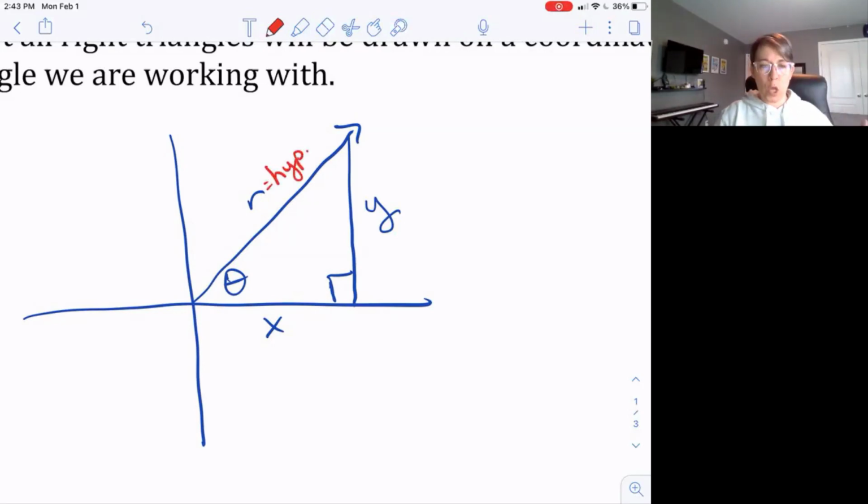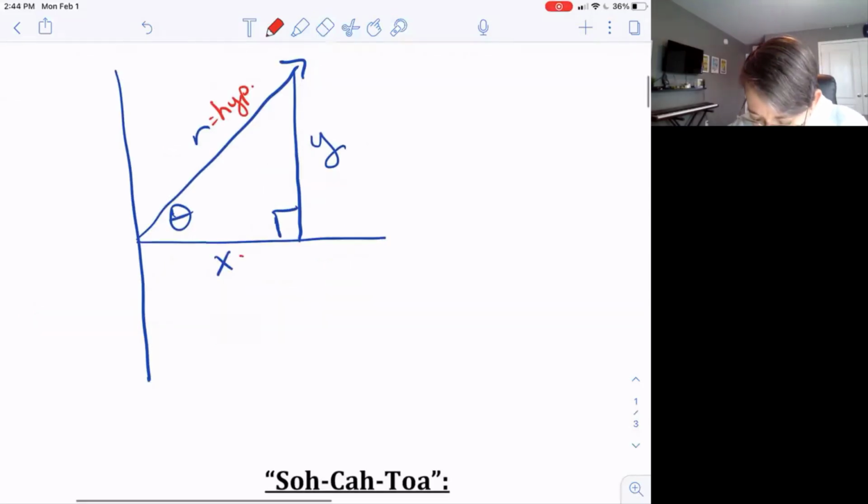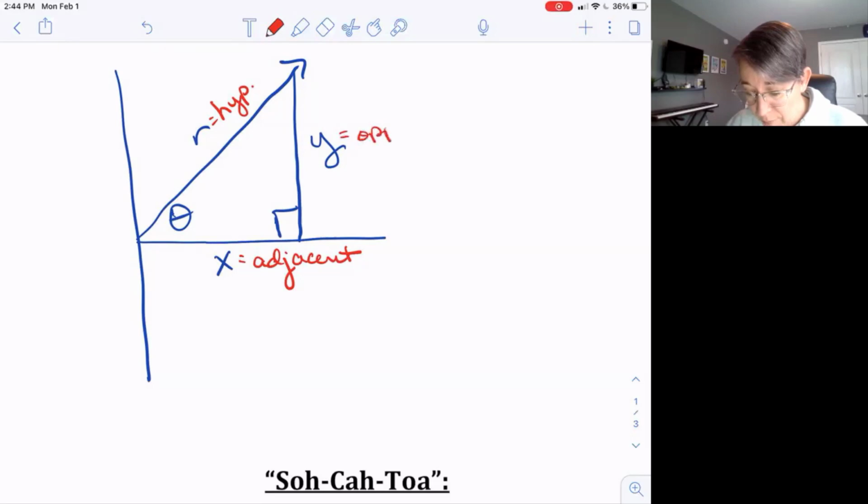That's the side across from the right angle. And in reference to theta, X is the side adjacent or next to the theta, and Y is the side opposite of theta. So they're all in reference to their position with respect to theta.